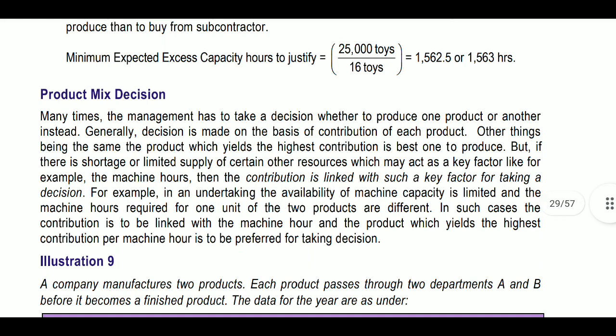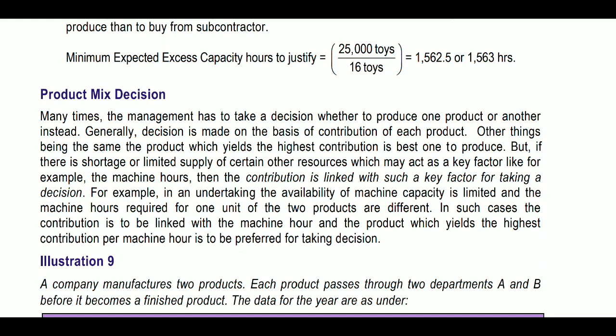Next, the product mix decision. Many times management has to decide whether to produce one product or another instead, and sometimes they get confused. Generally, they decide on the basis of contribution.